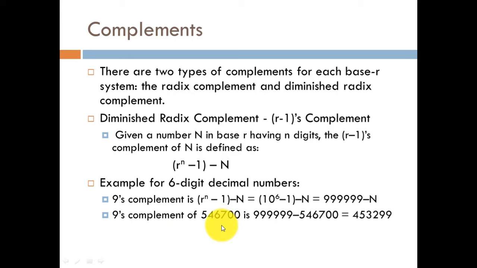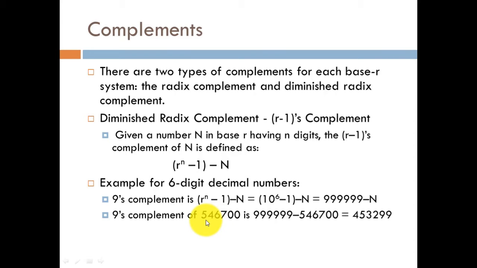So let us understand it with an example. Suppose the number capital N is equal to 546700, and you need to calculate its 9's complement, or R minus 1's complement, or diminished radix complement. We had already seen via this expression the number of digits: 1 2 3 4 5 6.